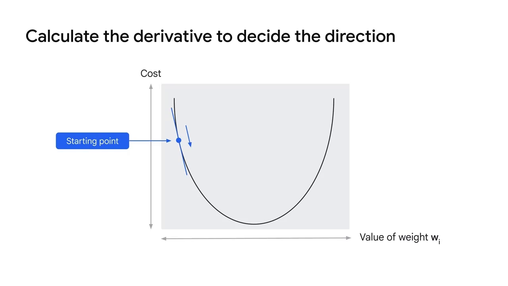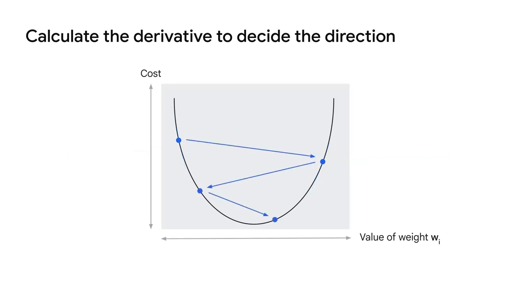To get to the bottom, you must go down and right. Then, at one point, you are on the right side of the curve and you calculate the derivative again. This time, the value is positive and you must slide again to the left. You calculate the derivative of the cost function every time to decide which direction to take. Repeat this process according to gradient descent and you will eventually reach the regional bottom.